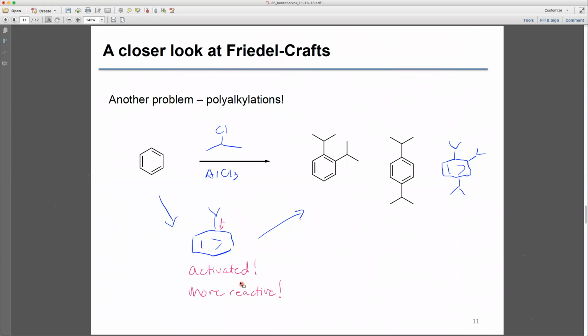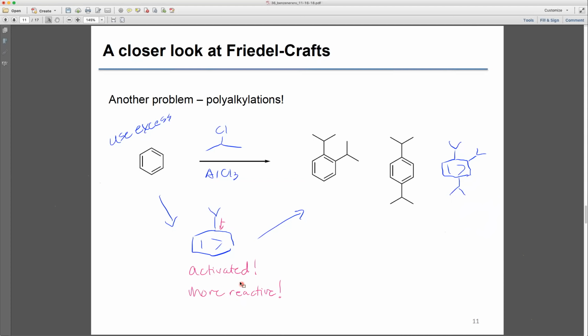So a way around this is to use an excess of benzene. And that means there'll be so much benzene around that the probability of an alkylated benzene finding the carbocation is just going to be much, much less than benzene finding the carbocation. So benzene is often used as a solvent here, and of course you could separate the benzene from the monoalkylated product relatively easily there.